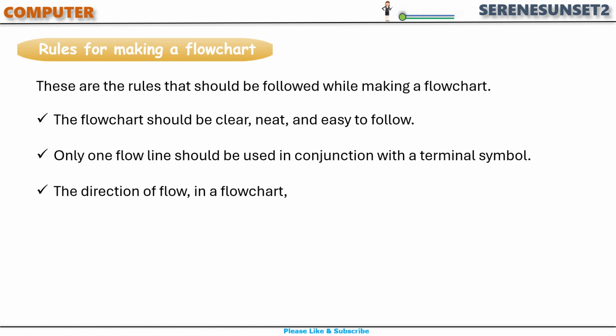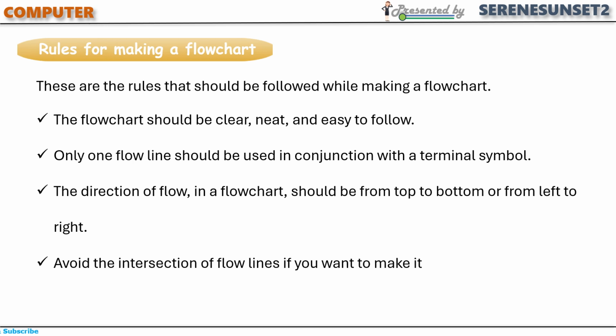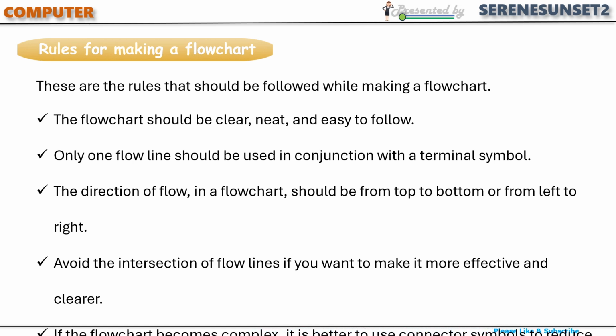The direction of flow in the flowchart should be from top to bottom or left to right. Avoid the intersections of flow lines if you want to make it more effective and clear. If the flowchart becomes complex, it is better to use connector symbols to reduce it.